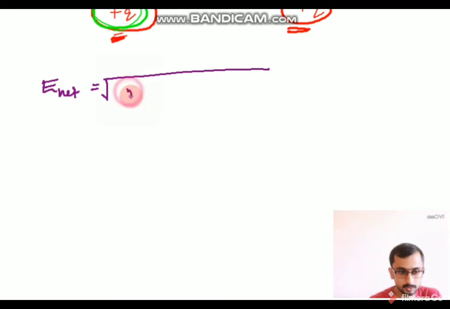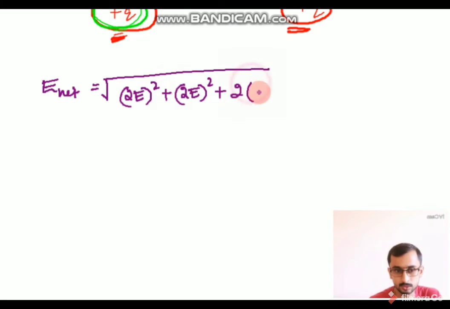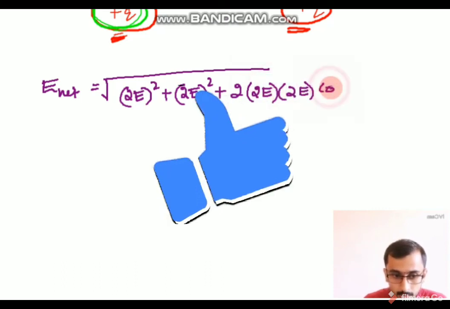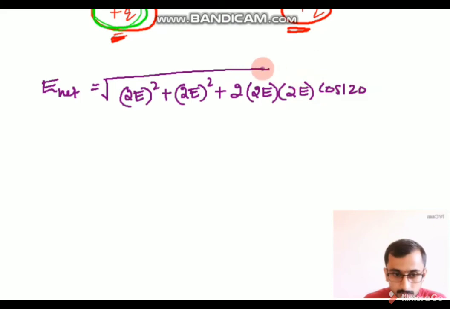That means here it is (2E) square plus (2E) square plus 2 times E1 E2 cos theta, because they are acting at an angle of 120 degrees, no? So E1 is 2E and E2 again 2E, and the angle between them, theta, is 120 degrees.